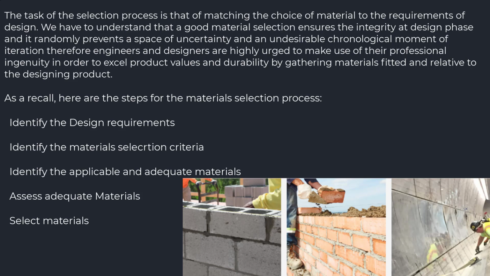You have to assess it according to your design, according to your conceptual modeling, according to your vision. Will it fit with that material? Will it methodically work for you or not?